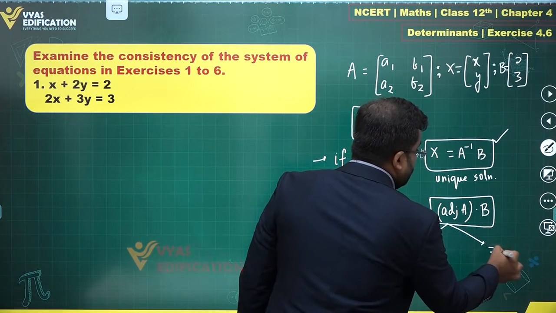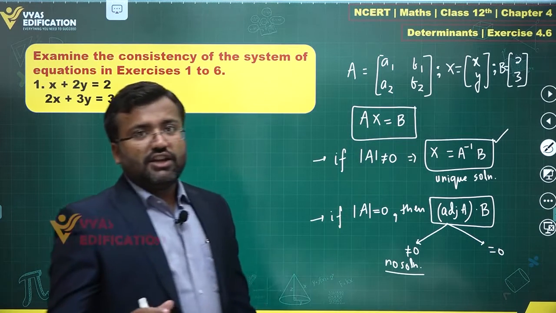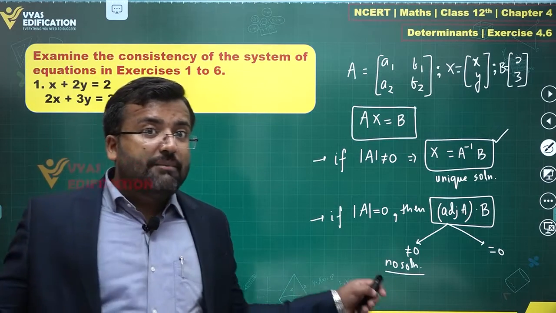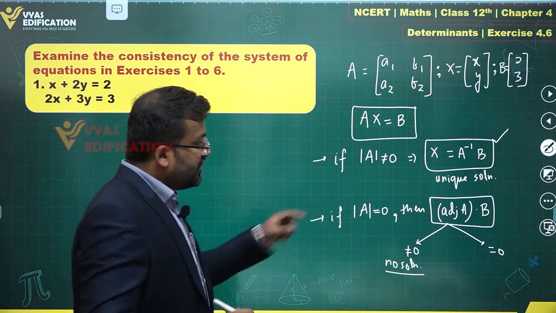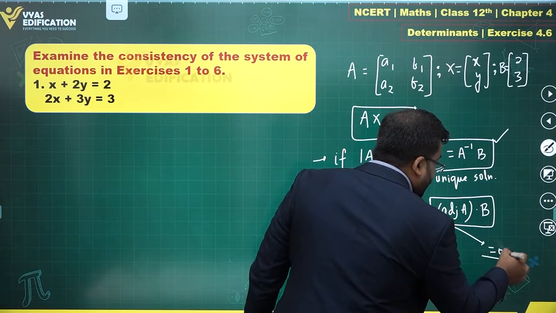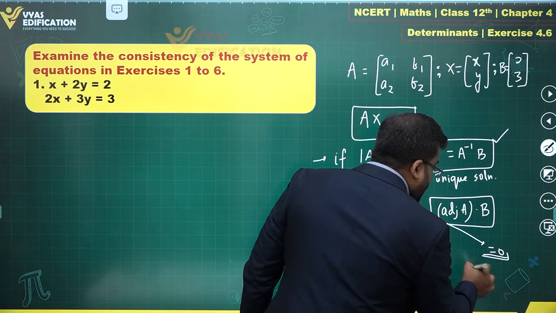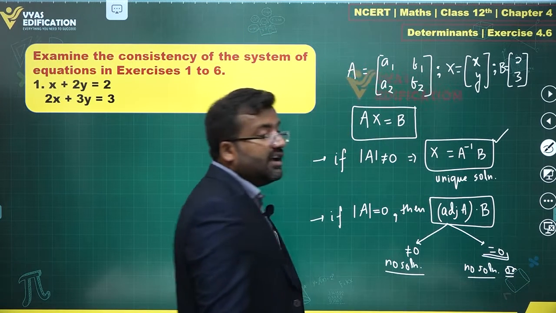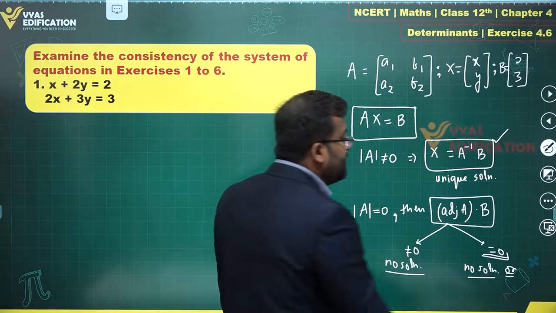If it is equal to 0, then you have some idea about the system of equations, but you don't have the complete idea. So can you comment fully about this? No. The system of equations may have no solution, or in turn may have infinitely many solutions.